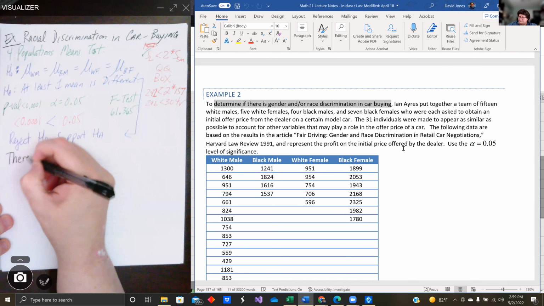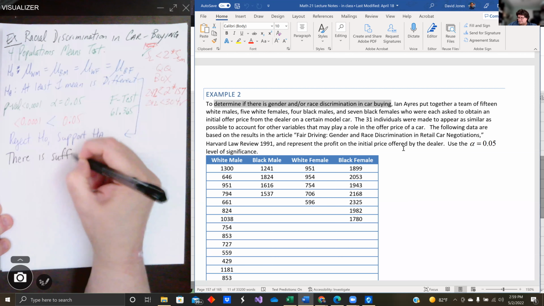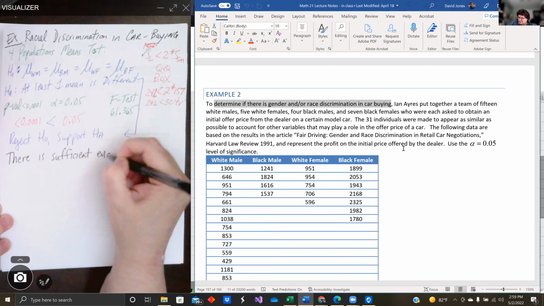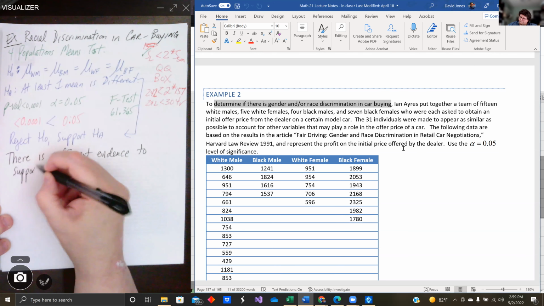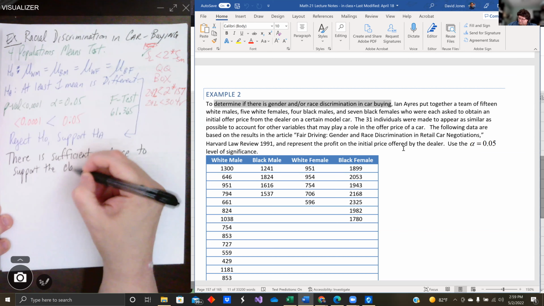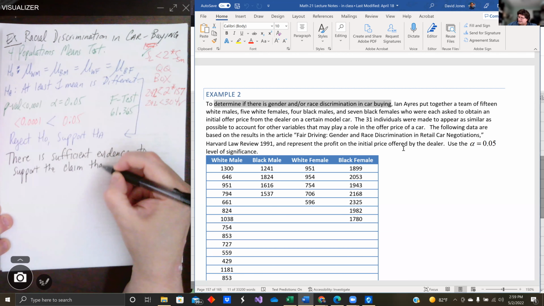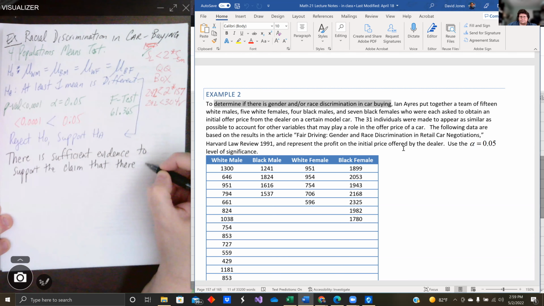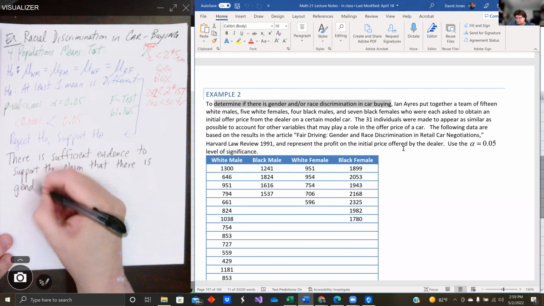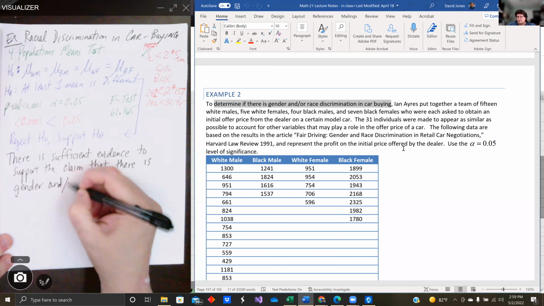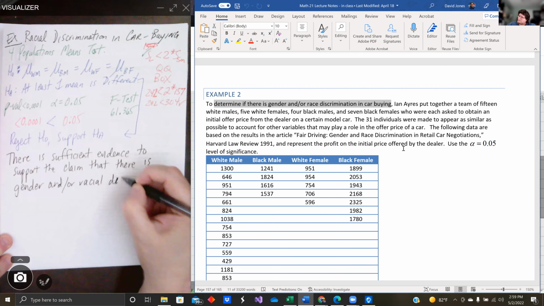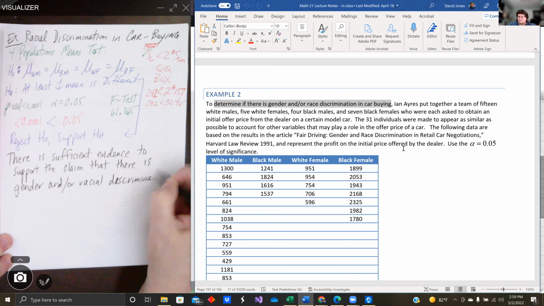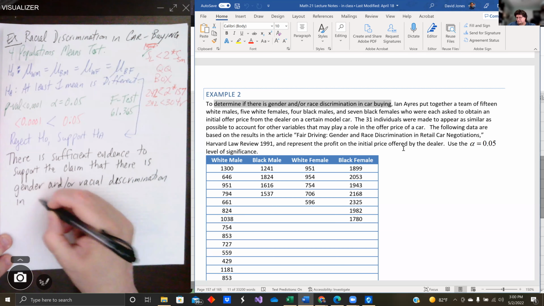There is sufficient evidence to support the claim that there is gender and/or racial discrimination in Carbine.